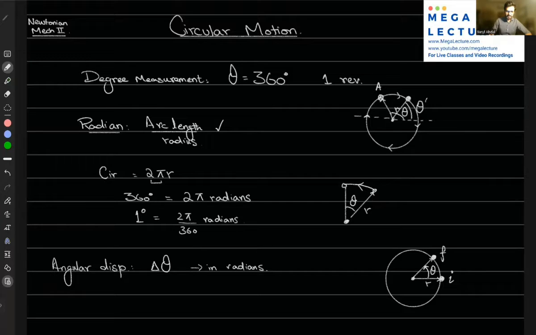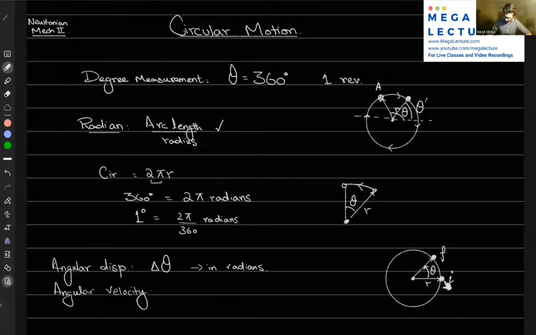Right. So which means that as the particle moves around the circle, the angular displacement increases. Now this angular displacement is increasing at a steady rate, which means that this rate of change of angular displacement is defined as the angular velocity.